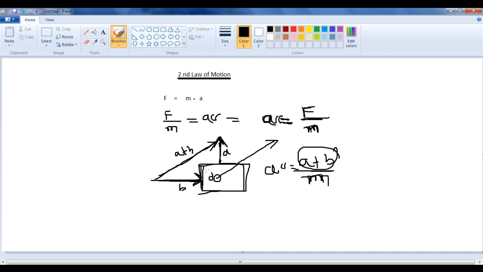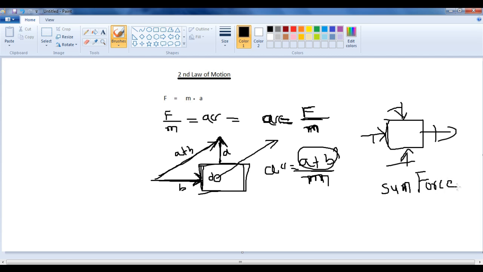If you want to implement this in code, whenever we want to move an object, first we identify what forces, or how many forces, are acting. There might be thousands of forces acting on an object. Then we take the sum of all the forces, and we divide it by mass.